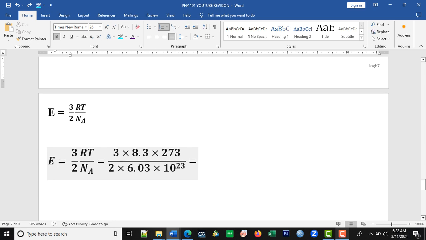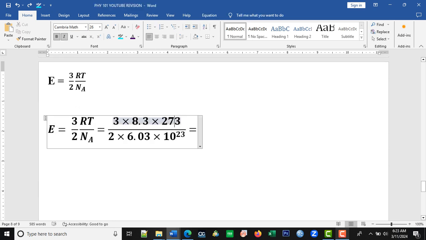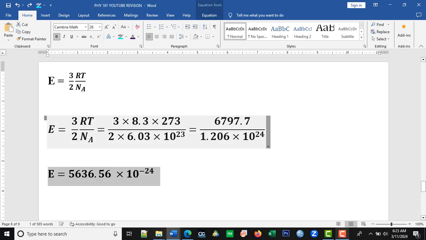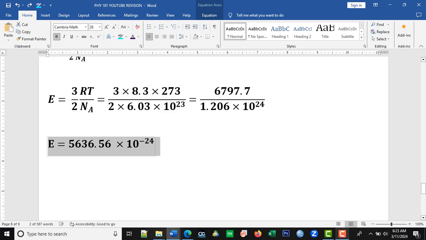So look at the 273 here, all over 2 times 6.03 times 10 to the power 23, the Avogadro's number Na. When we simplify this value, we obtain 5636.56 times 10 to the power minus 23.